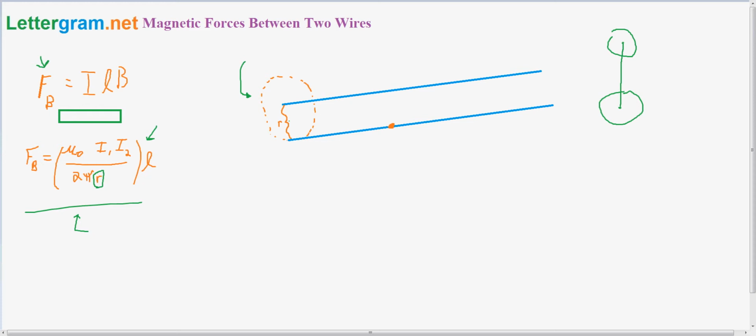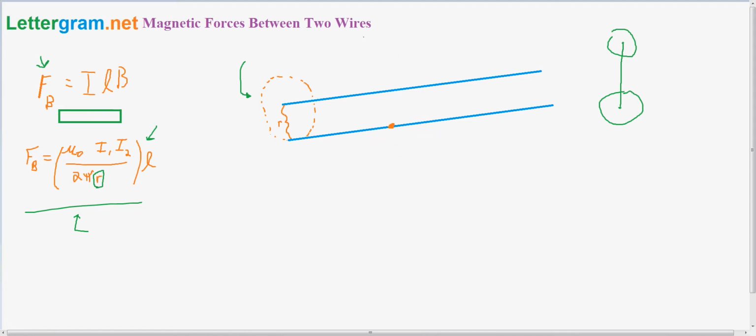A couple of things that I'm just going to go over real quick. Two parallel wires carrying currents in the same direction, so if both I's are like this, you'll get a force attracting both of them.